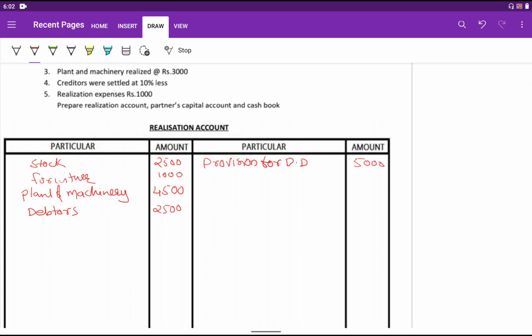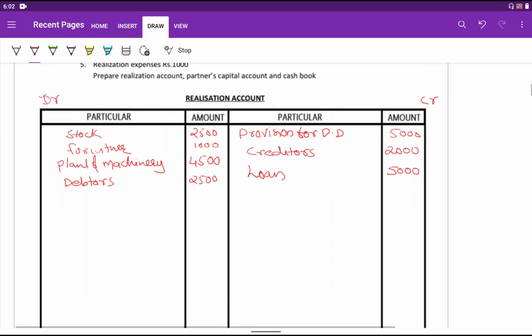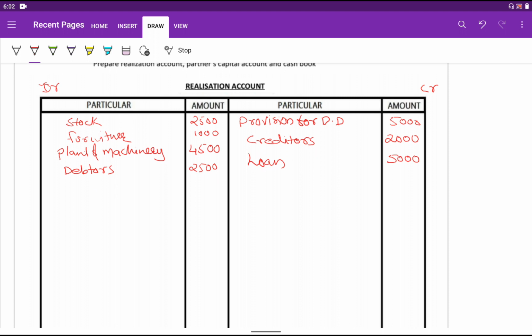Creditors 2000, loan 5000. Now it is completely transferred. This is the first step: we transfer all the assets and liabilities except capital, accumulated profit and losses and cash book.